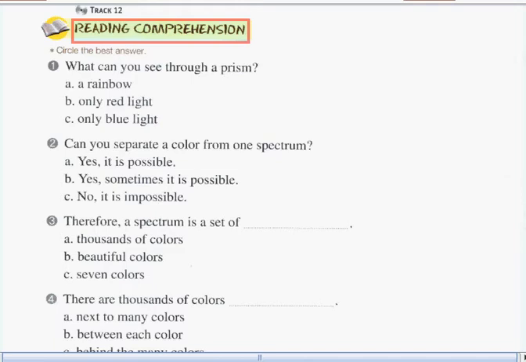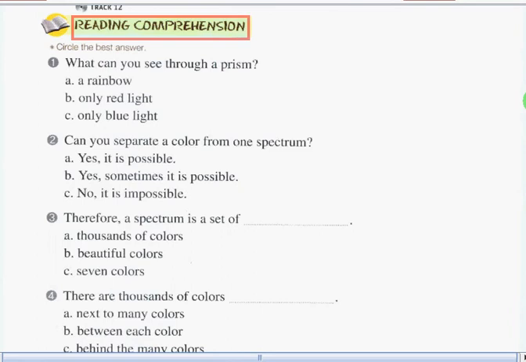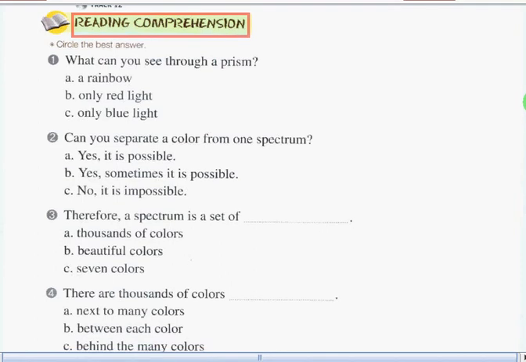Alright, so we have here reading comprehension, writing practice, and summarizing practice. Okay, so let's start from the first activity, which is the reading comprehension. So in this first activity, we are going to find out the best answer.